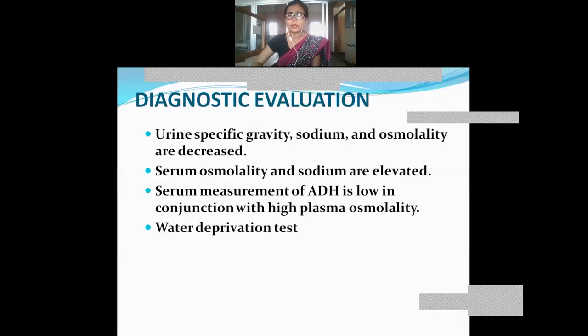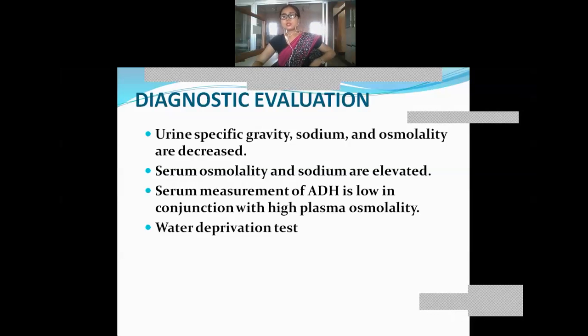But what happens in a diabetes insipidus patient is that even if they are deprived of water for 12 to 14 hours, they will still have polyuria. This water deprivation test can also differentiate between central and nephrogenic diabetes insipidus.